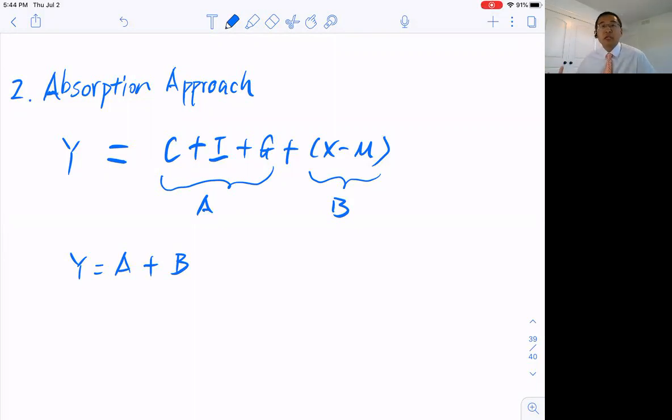It's spent, that's our real GDP bought up domestically. Then X minus M, that's how much of our GDP got bought by foreigners in net. So if we rearrange this one more step, we get B, the trade balance, equals Y minus A, right?